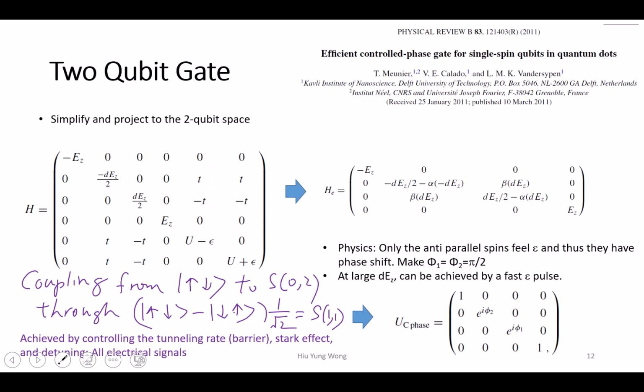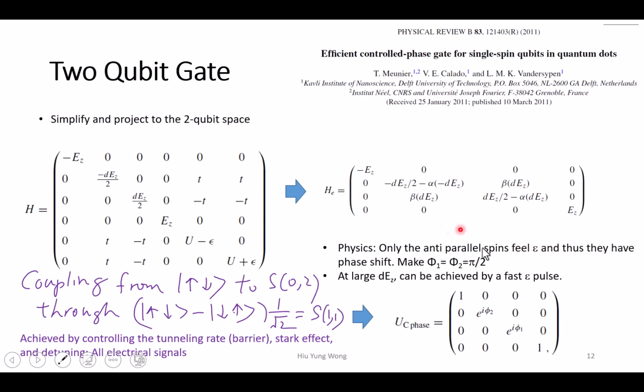And that is the term, then you apply the detuning potential coupled with this. You do some simplification, and that's why only the anti-parallel states will feel this epsilon.